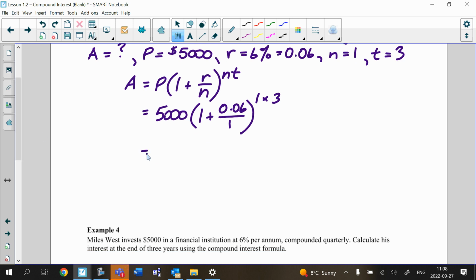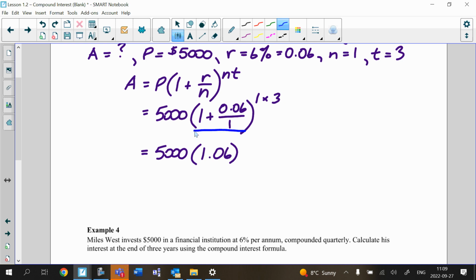We're going to do this at the same time, because an easier way to say 1 times 3 is just 3. And we always do exponents before multiplication. So the next thing I'm going to do is 1.06 to the third.